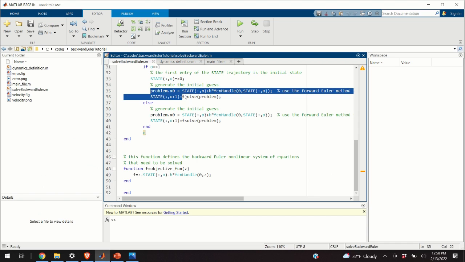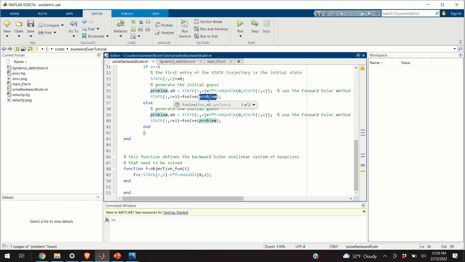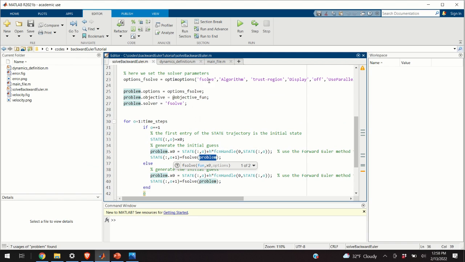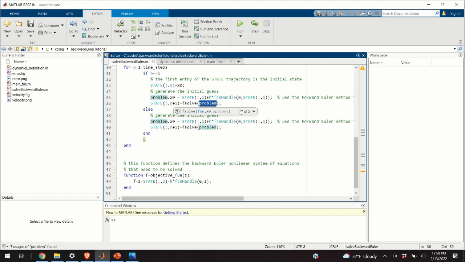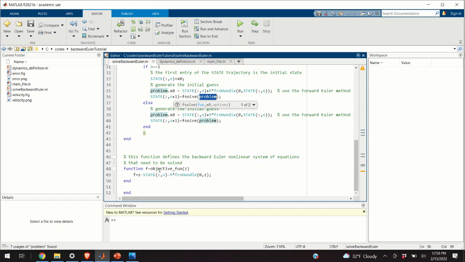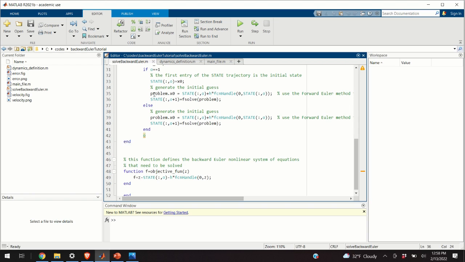Once I generate this initial guess, I call the function fsolve and I pass as the argument our problem. Then MATLAB calls the solver, fsolve, and uses the trust region algorithm to compute the solution. Once I compute a solution, I place it in the second column of the state matrix.